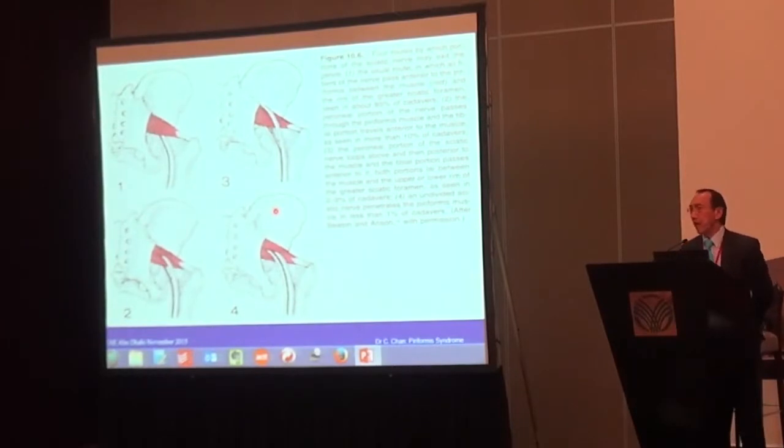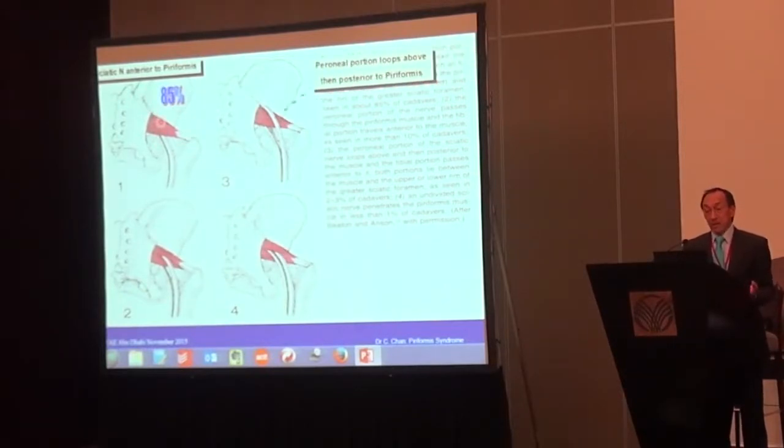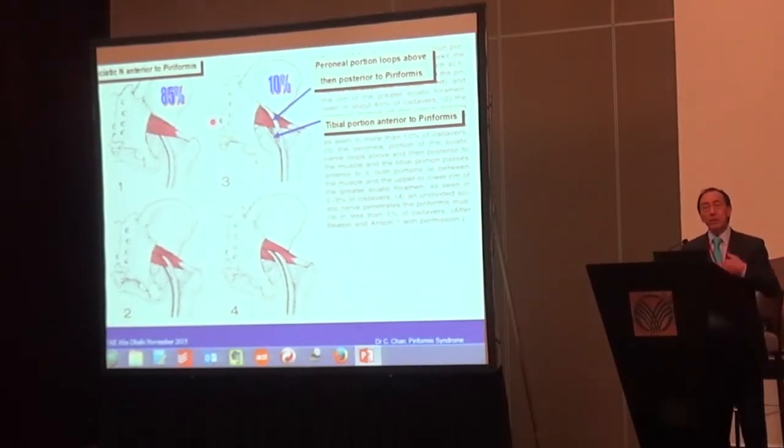There are some anatomical variations of the sciatic nerve. In this first one, in 85% of people, the normal variation is the sciatic nerve runs anterior to the piriformis muscle. Here, the sciatic nerve is divided into a tibial and a peroneal portion. One runs in front and the other runs behind the muscle. 10% of the people have that, not a big problem.